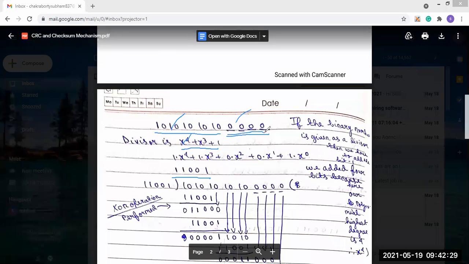But if the divisor and dividend are both given in binary form, how can we know how many redundant bits are required? Then you should convert the divisor from binary form to polynomial form, and from the highest degree you can understand the number of redundant bits required. Clear till now?